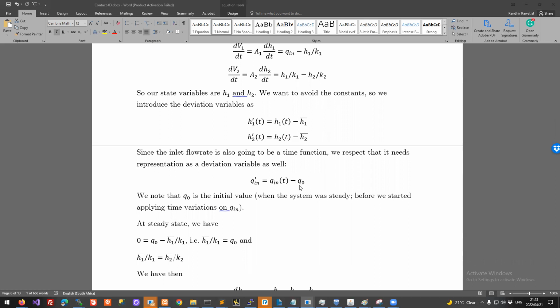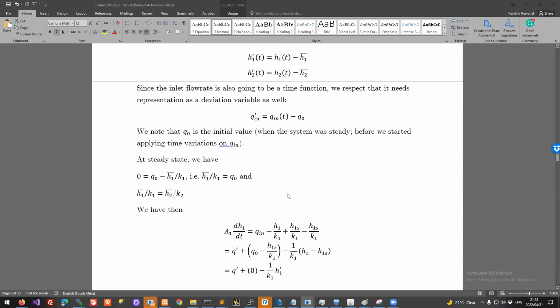And so this Q naught is a specific value of the inlet flow rate. And so we are saying our current deviation variable, or our current flow rate in, is Q in of t. But in terms of a deviation variable, we'll write it as our current one minus that initial one.